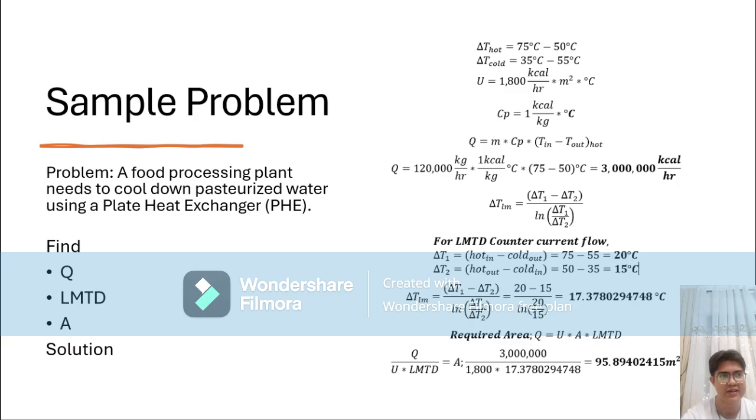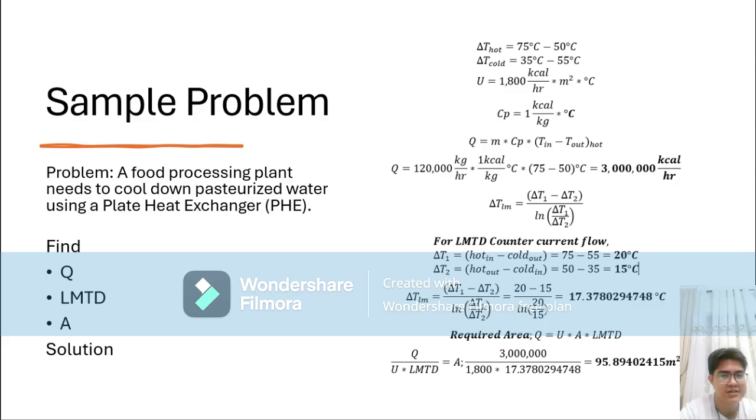The change in temperature for the cold fluid is 35 to 55. The overall heat transfer coefficient is 1800 kcal per hour times meter squared times Celsius, and the CP is 1 kcal over kilogram times Celsius.